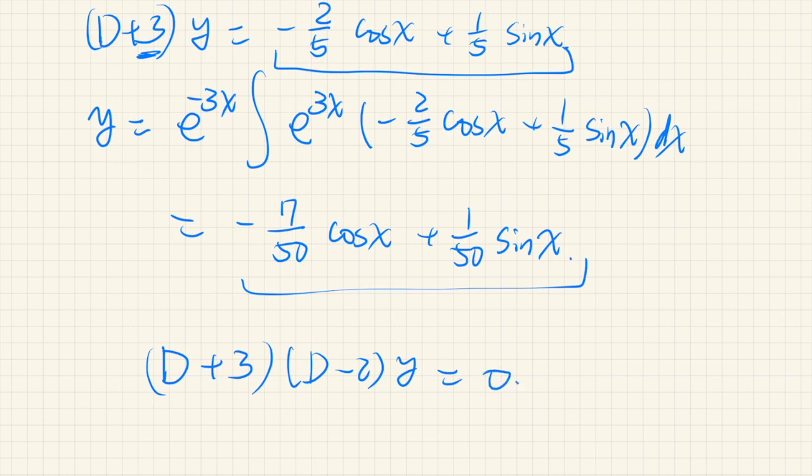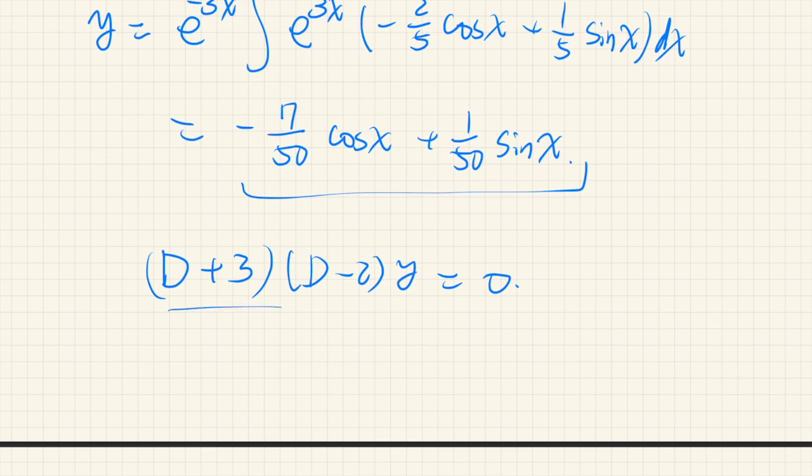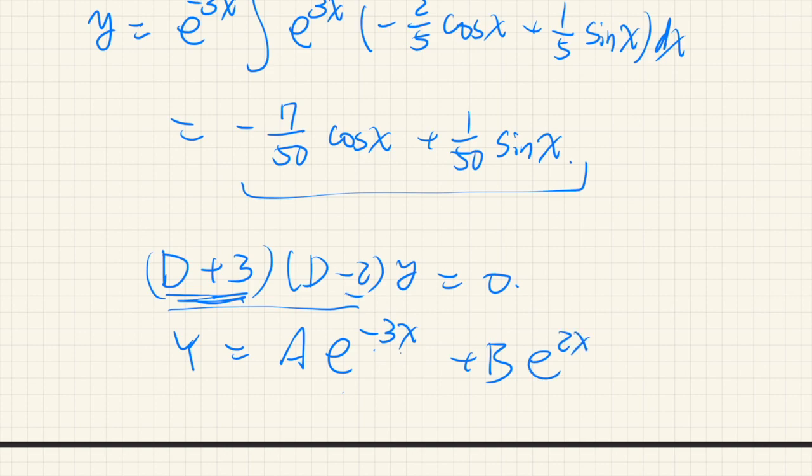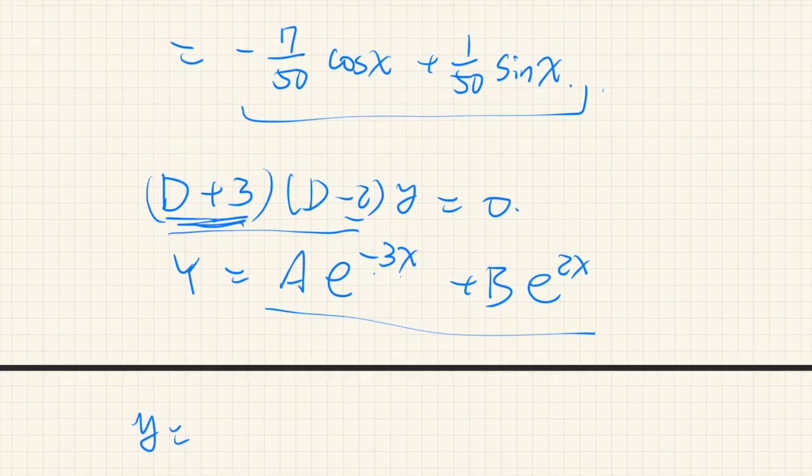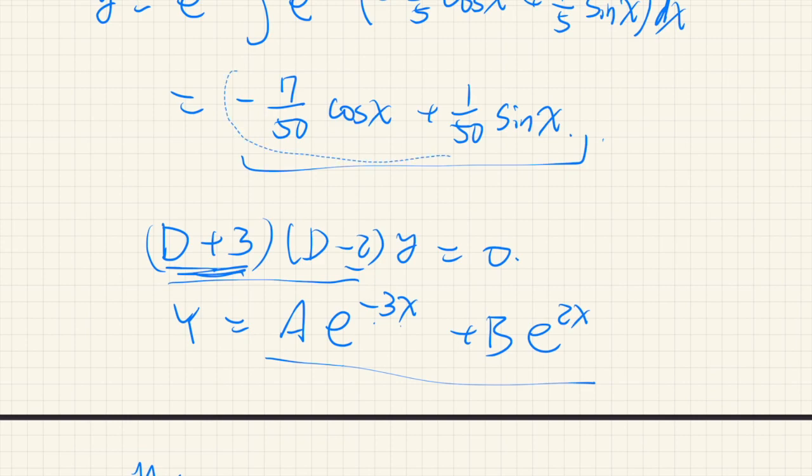We know the general solution of this is given by the following: y equals some constant times exponential of negative 3x plus some constant times exponential of 2x. The 2 comes from here. So we add this to have the general solution. So the general solution is this thing. Let's just copy it.